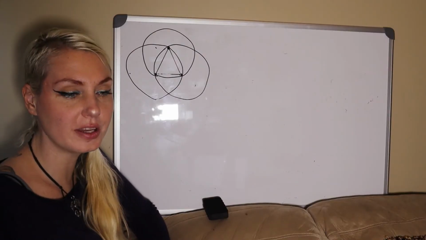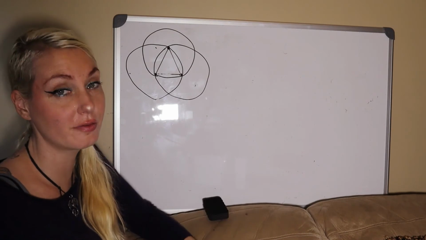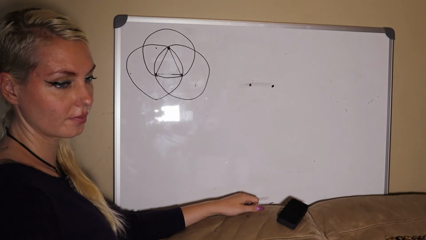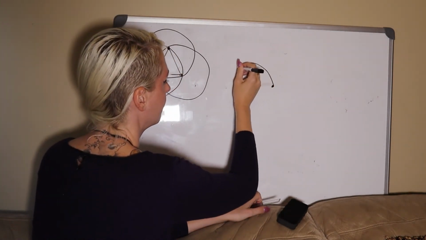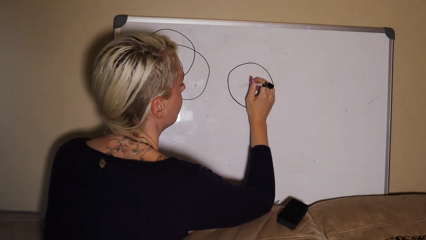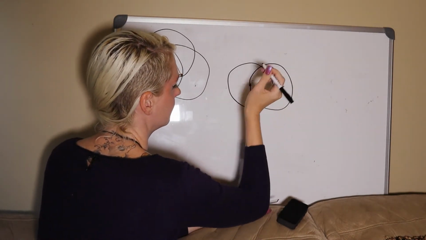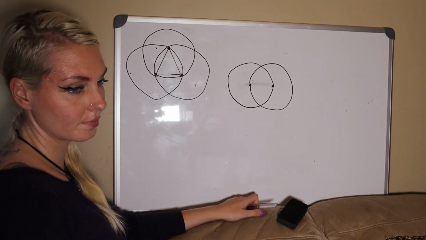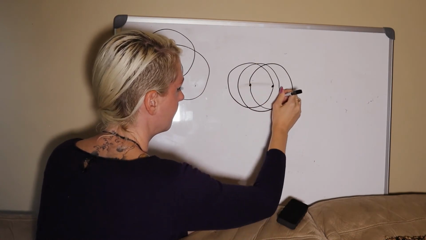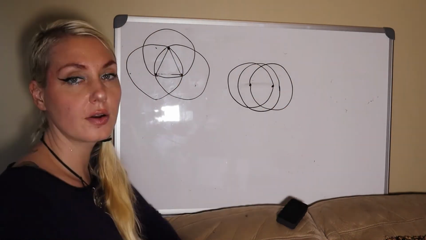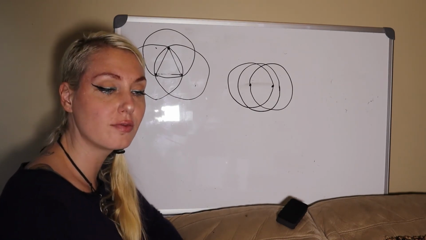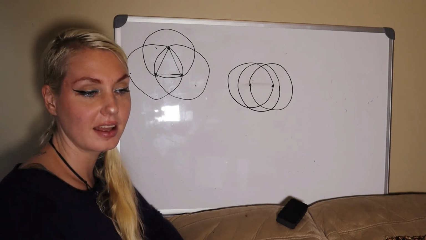So on the right, I'm going to draw the same thing, but a front view. There are only 2 places where the 3 spheres intersect, which are where a 4th equidistant point can be placed.